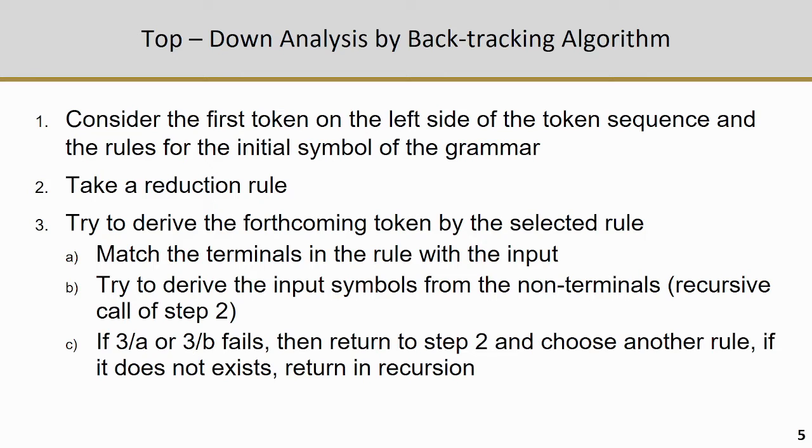If the derivation leads to a non-terminal, we go further, call the same trial and error algorithm for the other non-terminal, and try the related derivation rules one by one.